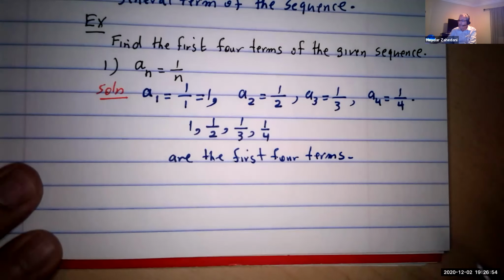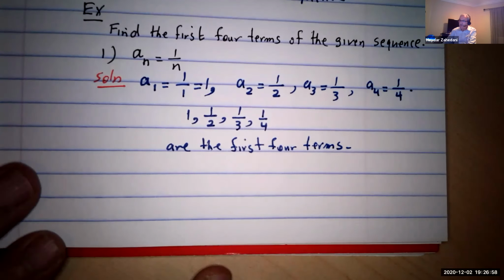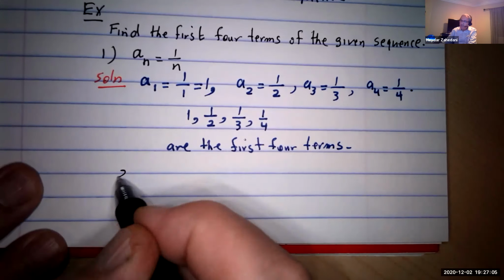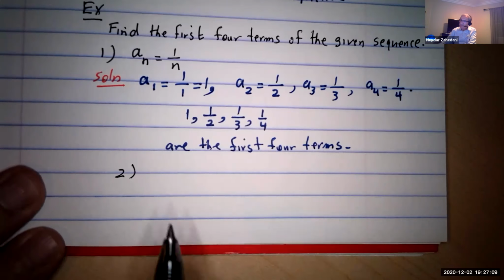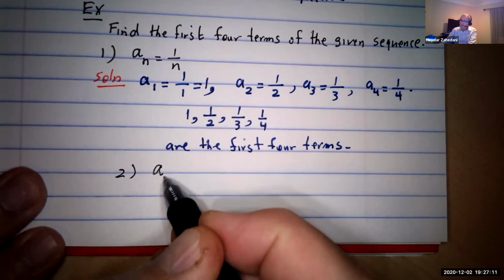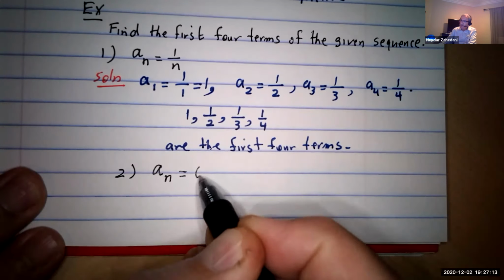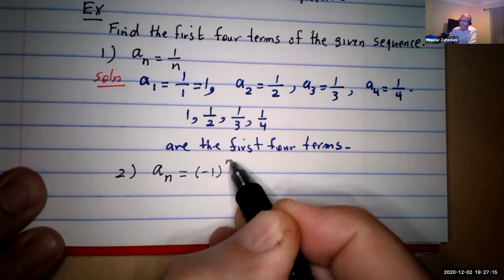So we just substitute, depending on the given formula, the general form. Any question? The next one is going to be a very popular sequence. So you may have this one, a sub n is equal to (-1) to the n.